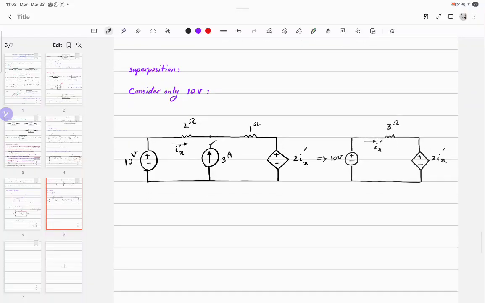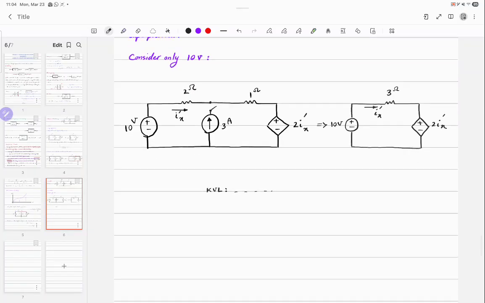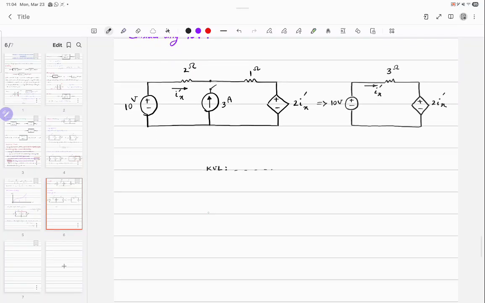Okay, how do you solve this? KVL. Write it yourself. I'm going to do it some other way. Do you agree that it's technically KVL, but I'm going to write it in a shortcut way?